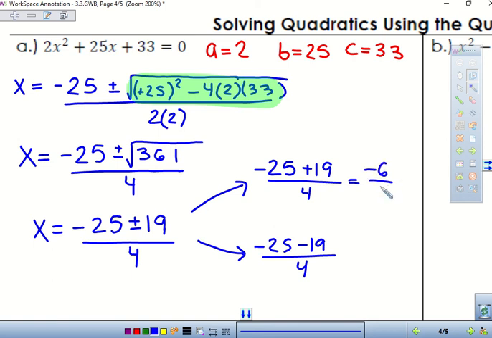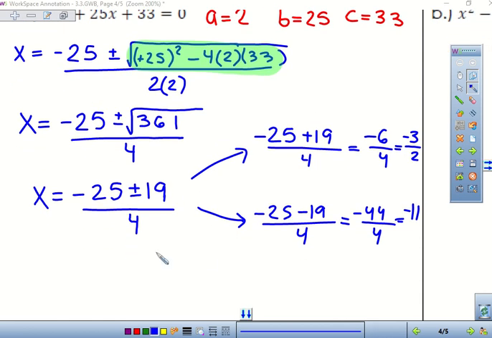So negative 6 over 4 and negative 44 over 4. So this one up here reduces to negative 3 halves. And this one becomes what? Negative 11. So here's how you write your solution to get credit: negative 11, comma, negative 3 over 2.